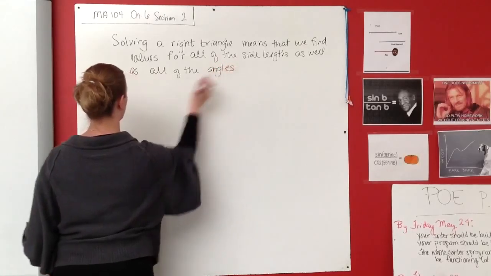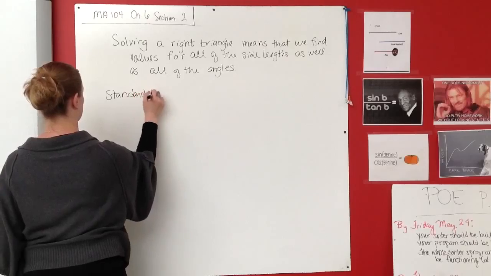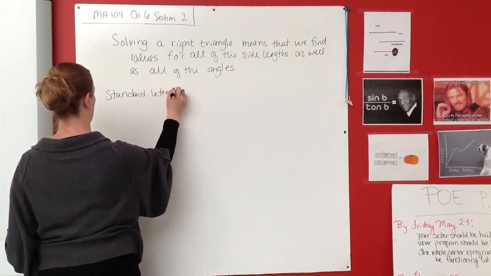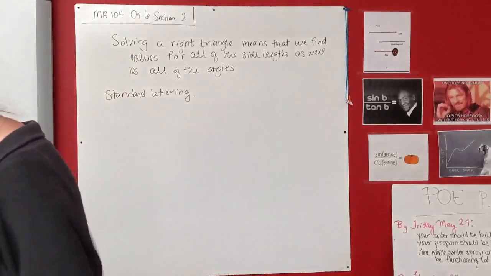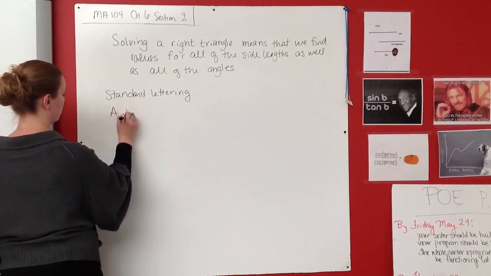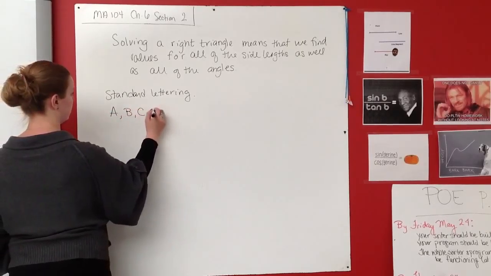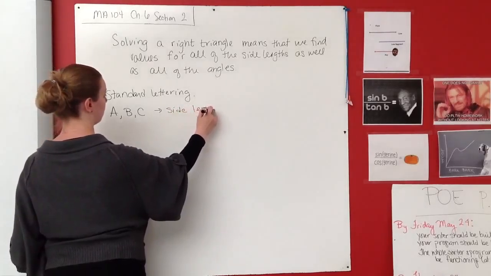And we have what we call standard lettering for right triangles when we're solving. And standard lettering means that A, B, and C represent side lengths. Notice it's all capital letters.